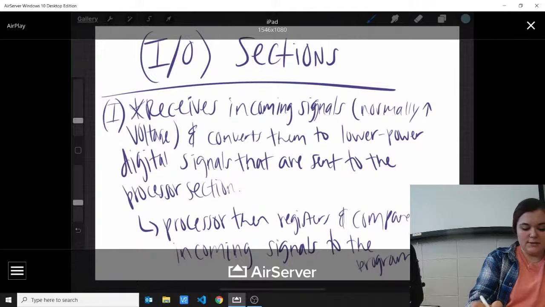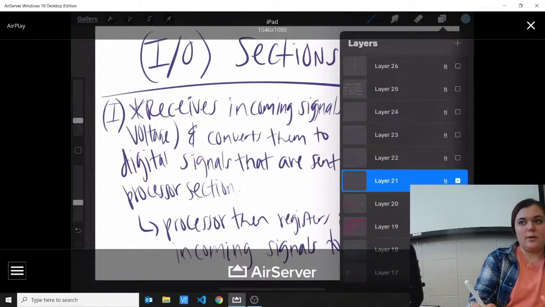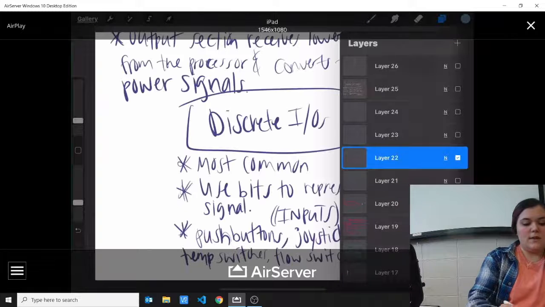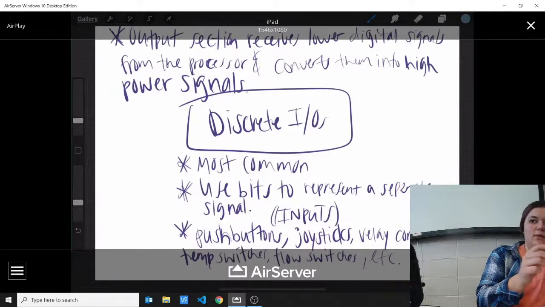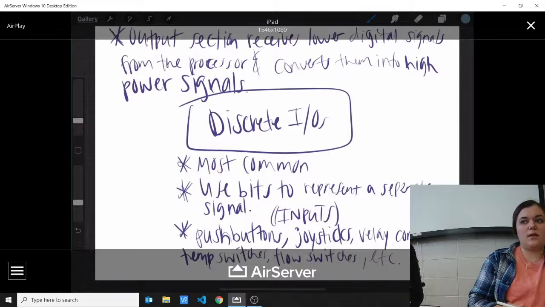Then the processor registers and compares the signals to the programs that it's programmed by. And then the output section receives the lower digital signals and converts them into high power signals. So it's coming in, that input is converting them to lower signals, sending them to the processor, which sends them back out to the output, and that normally converts them into higher power signals. Okay?